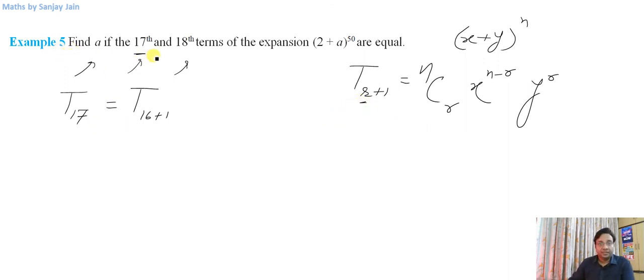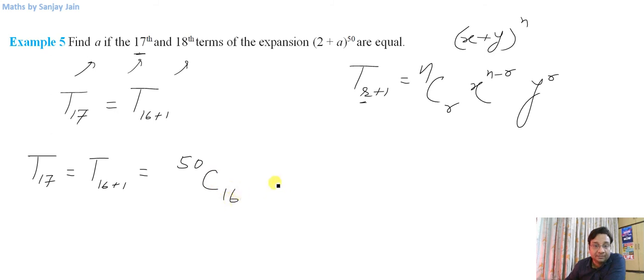The 17th and 18th terms are equal. So what is the 17th term? The 17th term is equal to T16 plus 1, that is r is 16, and n we know is 50 in this case. So let me write this term, 50Cr, that is 50C16, and 2 raised to power 50 minus 16, and a raised to power 16.